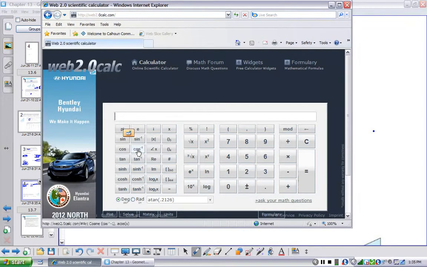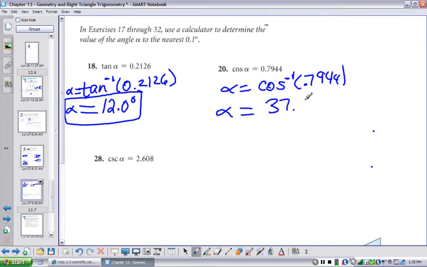We're going to do inverse cosine of 0.7944. And what we get is 37.4 degrees.